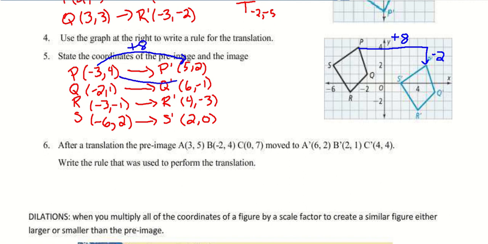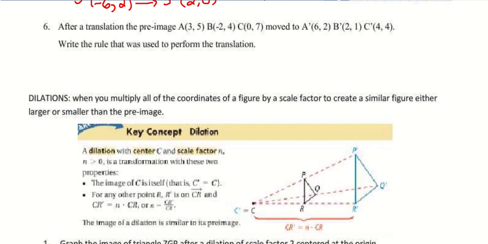And then from 4 to 2 would be our -2, and I can get my rule that way. And you can do this for any of those. You should be able to get the same rule using any of the points. And so we're writing our coordinates x, y becomes x +8, comma, y minus 2, or we're writing our capital T with an 8, comma, negative 2 and a subscript.